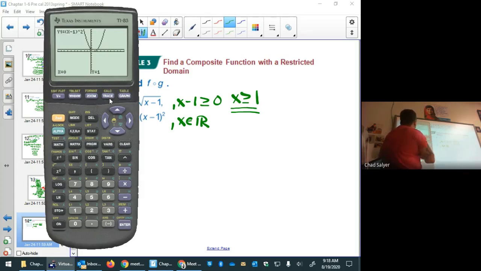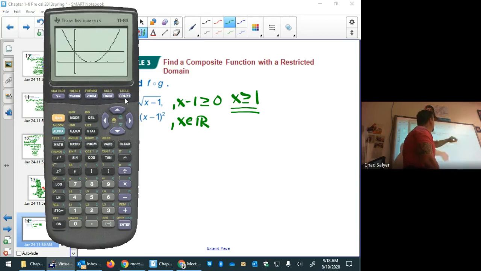So if I hit trace, and let's actually zoom in a little bit. Let's go from -1 to 3 and -1 to 3 here. I think that's going to give us a real close-up of that relevant portion. So yeah, between 0 and 2, we've got values of this function below 1, which are going to violate the input rules for f.